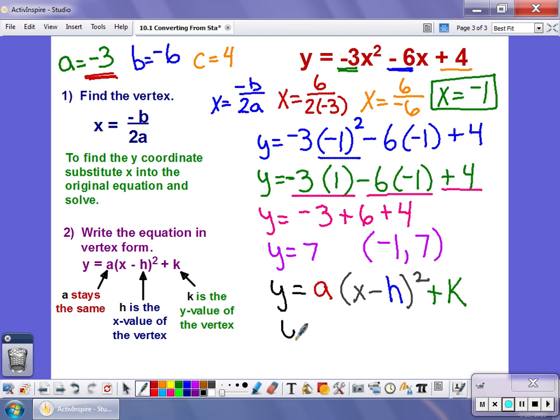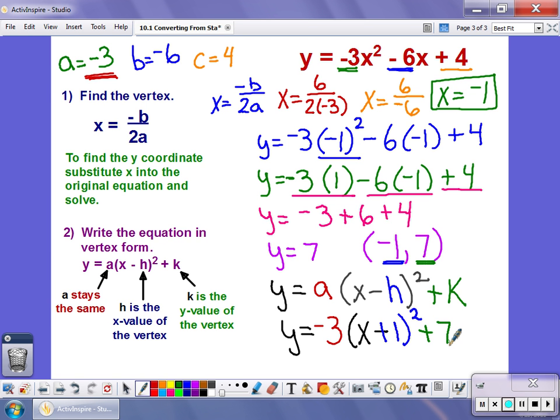So I'm going to get y equals negative 3. Then I've got my x minus h. This is my h, the x value of my vertex. So again, minus negative 1, but instead of minus negative 1, what we're going to do is do that as a plus 1 squared, and then plus k, and this is my k value here, which is 7.